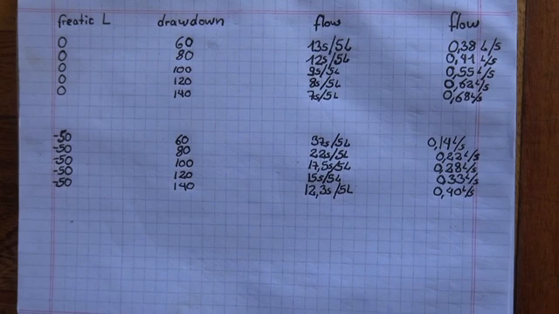That is less than half. When the phreatic level was high and we had a drawdown of 80 centimeters, the flow was 0.41 liters per second. And when the phreatic level was low, 50 centimeters less, we had a drawdown of 80 centimeters and a flow of 0.22 liters. That means about half of the flow of a normal well.